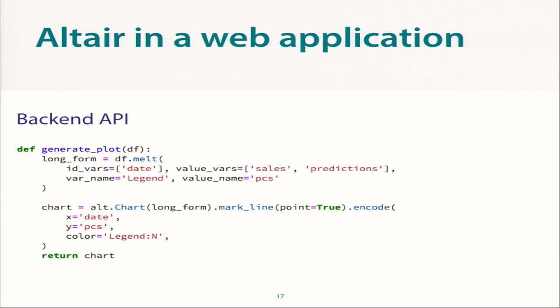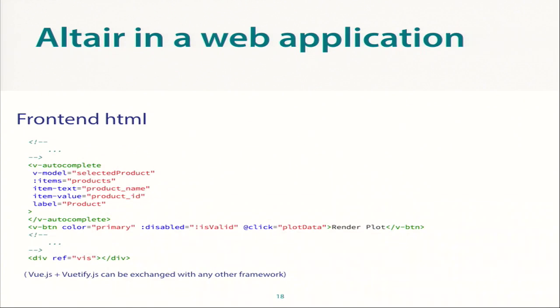So there's also ordinal and quantitative data and so on. Okay. So in our front end, I used Vue.js and Vuetify.js here, but you can actually do that with any framework or plain HTML and JavaScript.